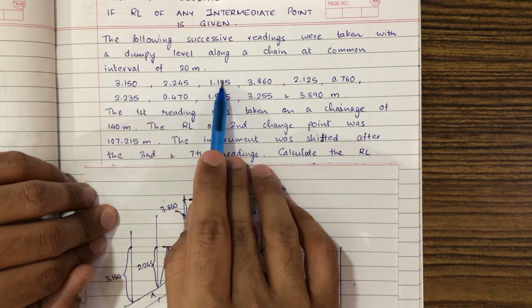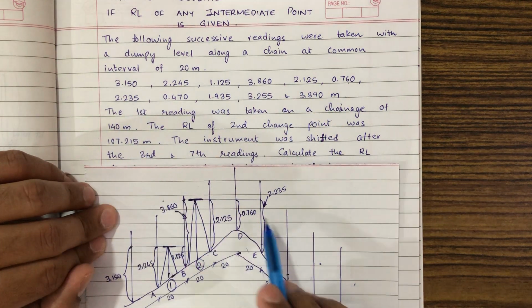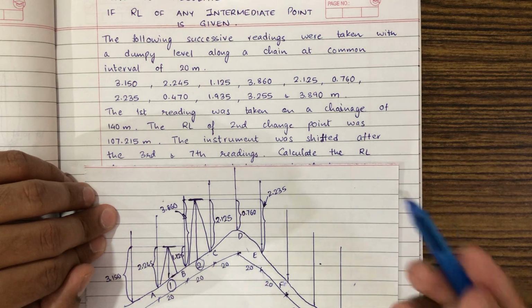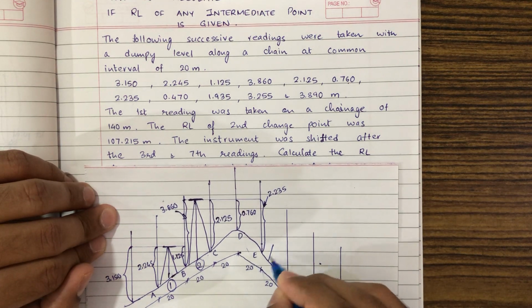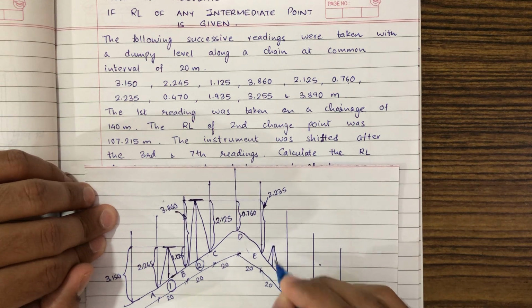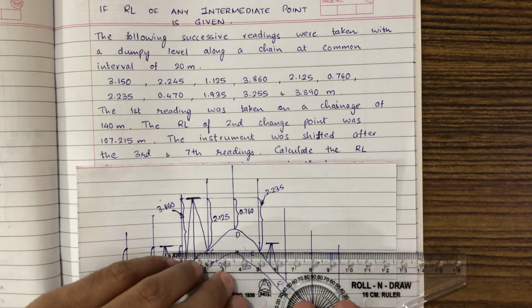Means this is first, second, third, fourth, fifth, sixth, 7th. Means after this 2.235 reading, again the instrument shifted its position. So suppose it shifted its position here, and this is the change point 2. Okay, this is the change point 2.